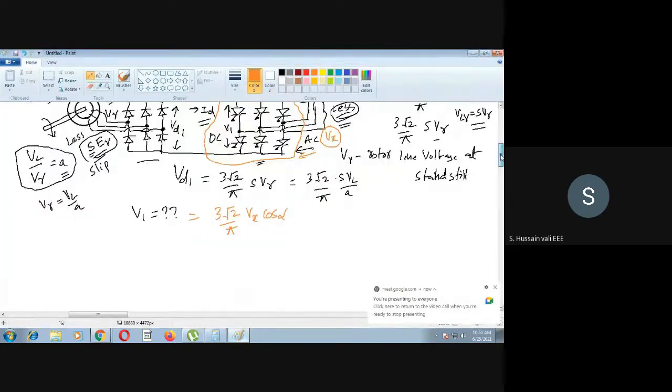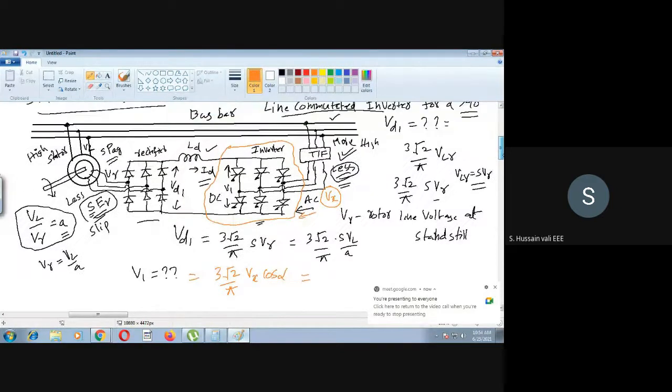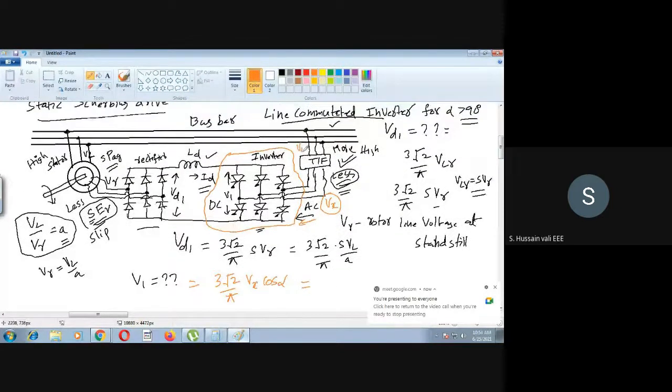Now we will go ahead further. We know very well this line voltage is VL, because the bus bar line voltage is VL. So the transformer's other side line voltage is VL. Take this as primary and this as secondary, just for example.